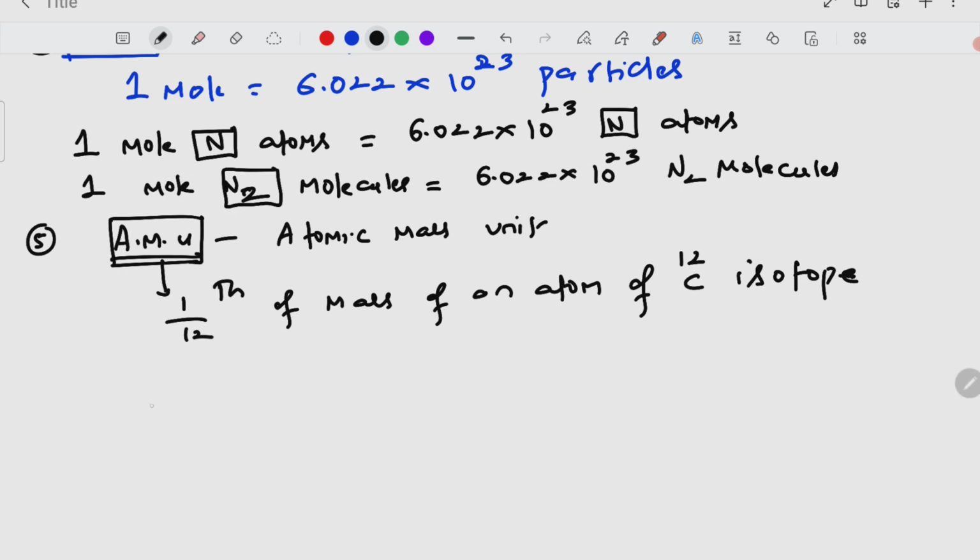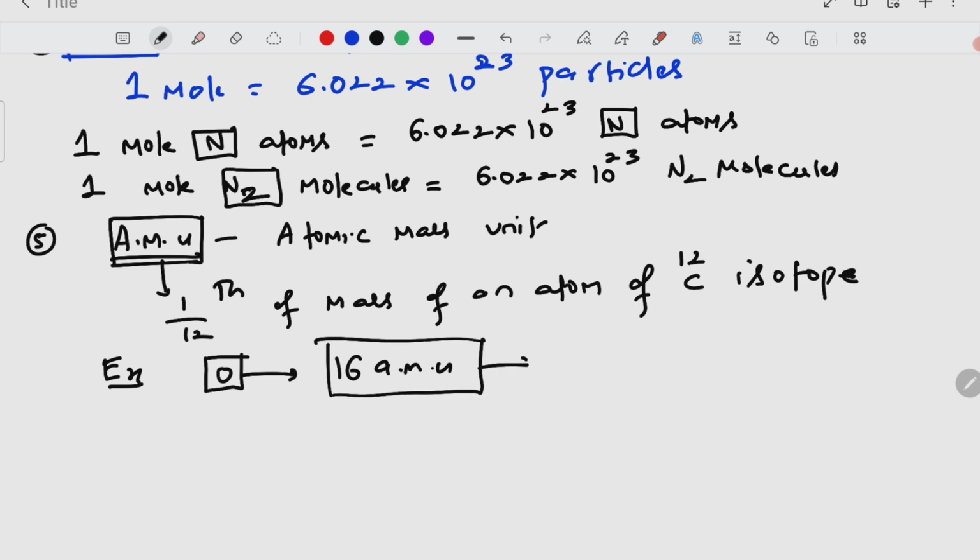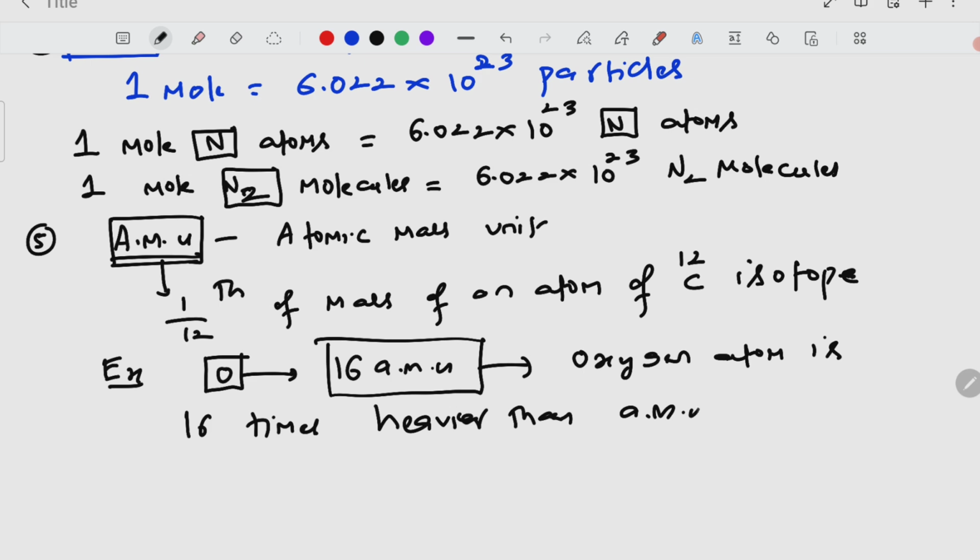For example, if I consider oxygen, if I refer to it as 16 AMU, what is it indicating? 16 AMU means the oxygen atom is 16 times heavier than AMU.